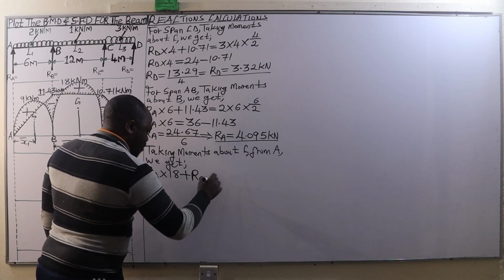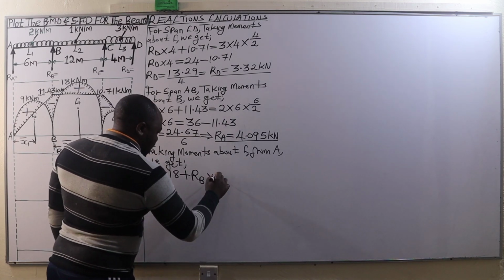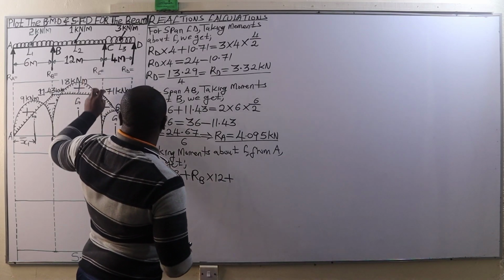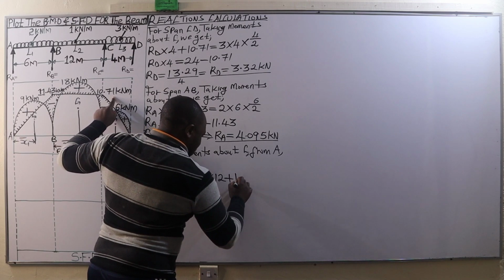These are clockwise moments, RB times 12, plus the bending moment at C, which is 10.71 kilonewton meter.